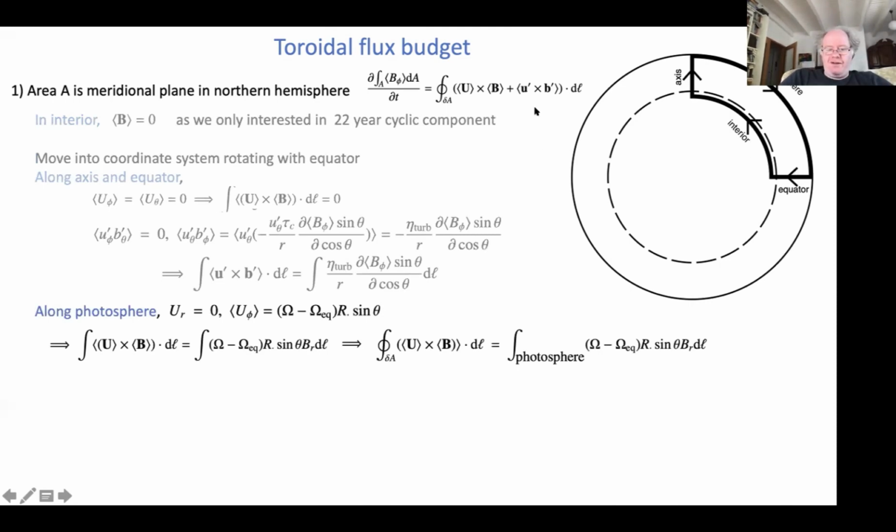Along the photosphere, the large-scale flow and field contribute, and the contribution is given by the surface radial field times the surface differential rotation in the frame rotating at the equatorial rate. So you end up with an integral along the photosphere of the differential rotation times B_r.